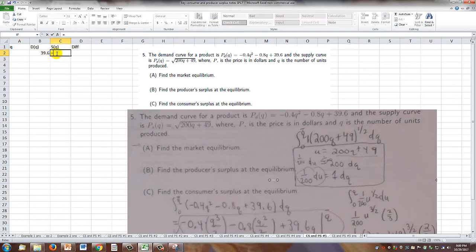The supply curve is the square root, so you can use rational exponents or you can use the SQRT function. I'm going to use rational exponents, so that's parentheses 2 times Q plus 49, close parentheses, caret. Let's correct something that's been happening on tests. If you type in 1/2 this way, you will get the problem wrong.